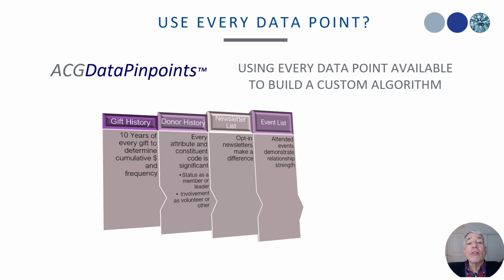An event list. People that give up their time to come, it's, again, not a large indicator, but it does start to round out the relationship. We can get a very accurate picture if we put everything into that rounding out.